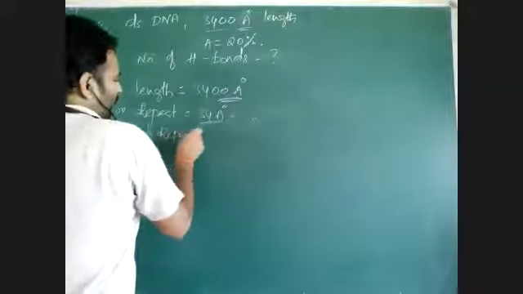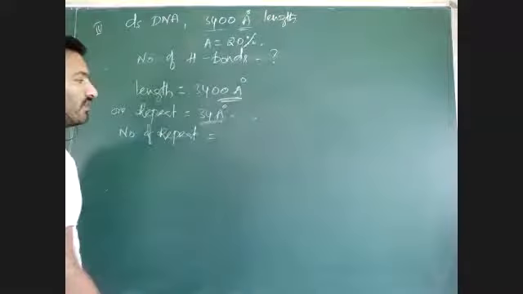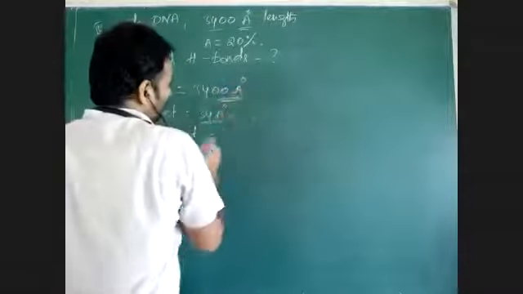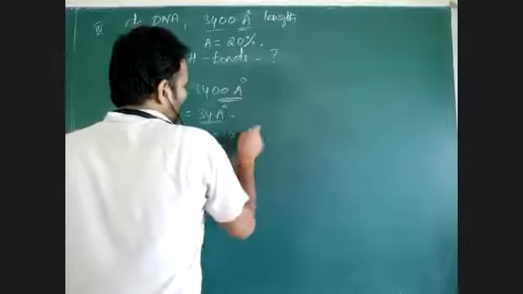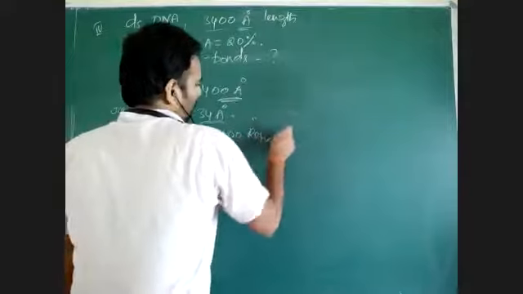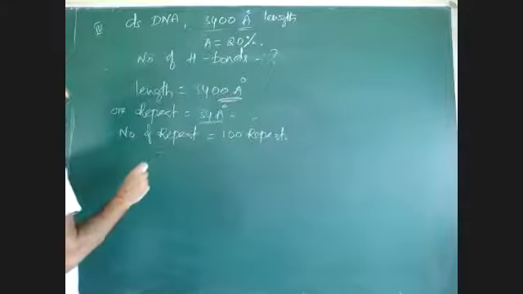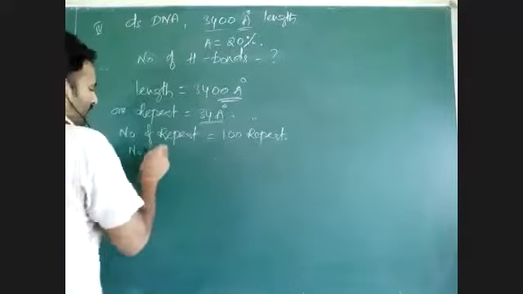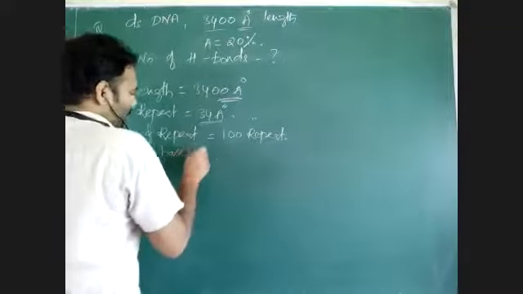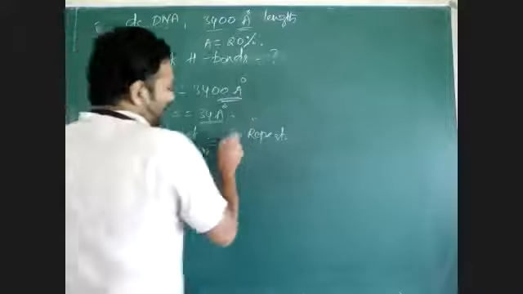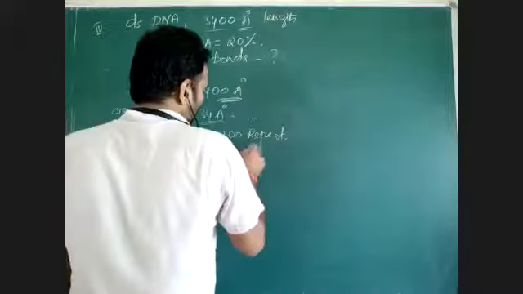So number of repeats is equal to 3,400 by 34, 100 repeats. Each repeat has how many base pairs? 10 base pairs. So number of base pairs is equal to 100 into 10, 1000 base pairs.